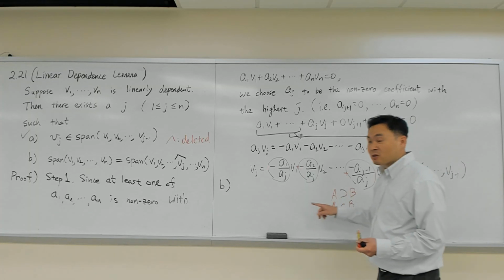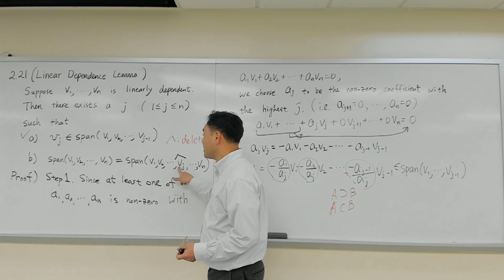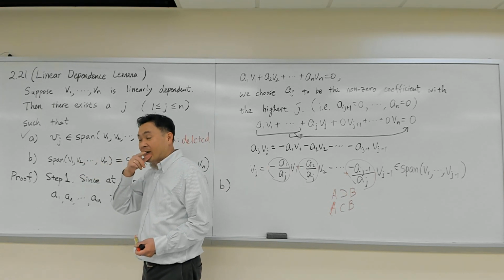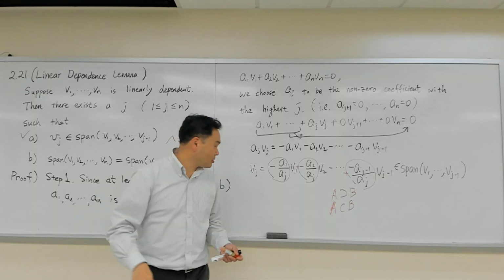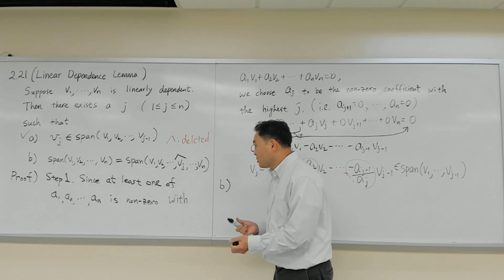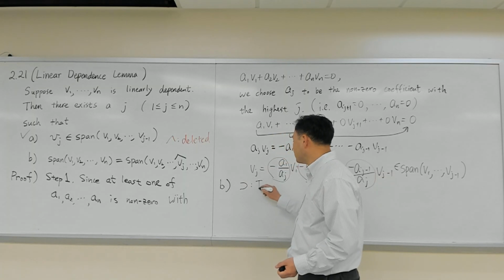Why is that? Because anything that's spanned by this with this missing can be thought of as something that's in here, right? So I'm going to say that the inclusion this way is trivial.